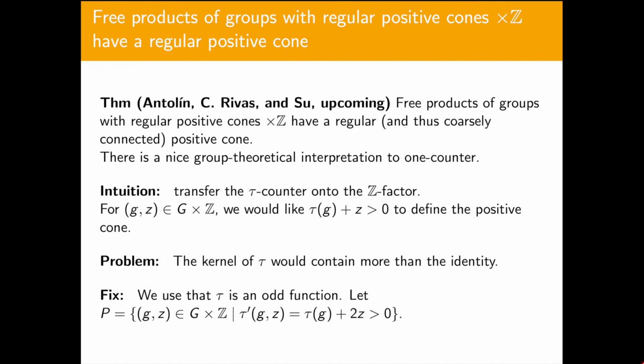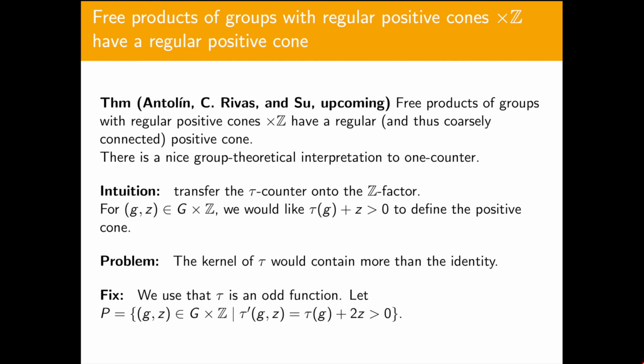For an element GZ in G plus Z, we would like tau of G plus Z to be greater than 0 to define. The problem is that if we define a function as such, the kernel of tau would be too large. It wouldn't be just the identity which would be in the kernel.